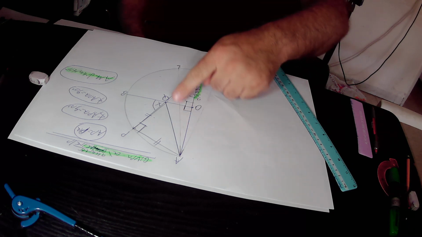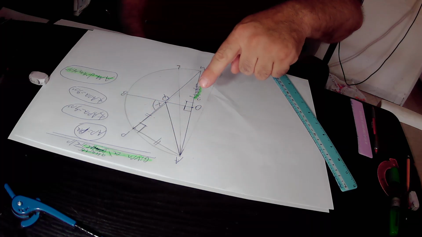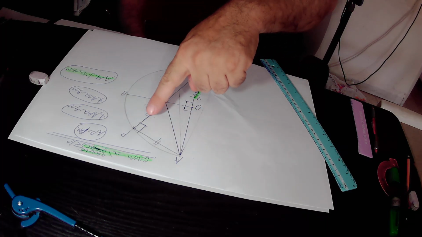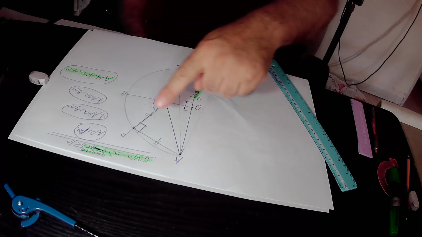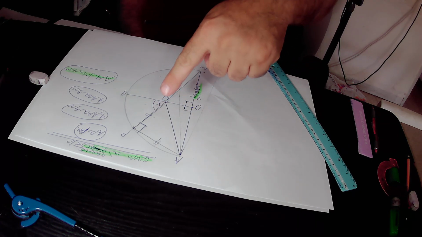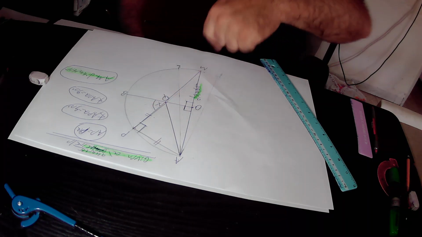By joining points A and Q, we get the right isosceles triangle, triangle APQ. Triangle APQ is a right triangle because angle APQ equals 90 degrees in size, and triangle APQ is also an isosceles triangle because side AP equals side PQ.